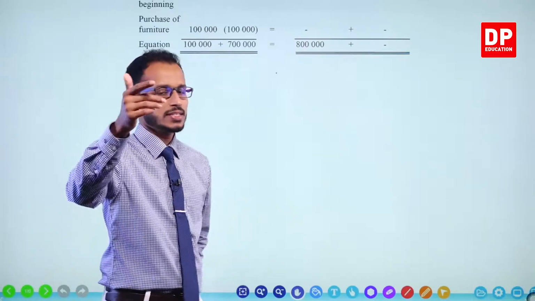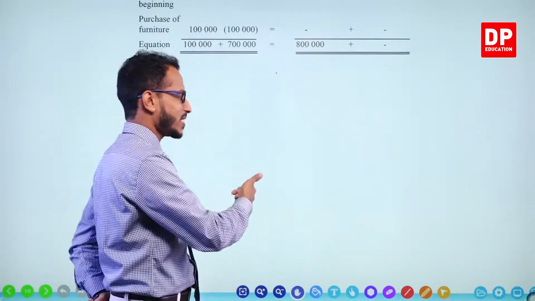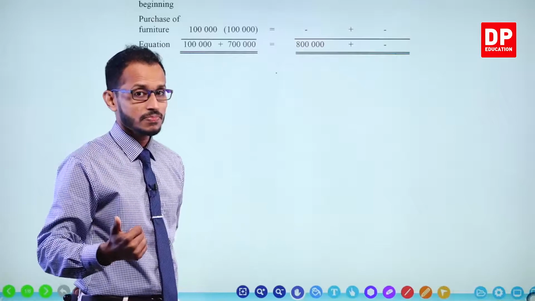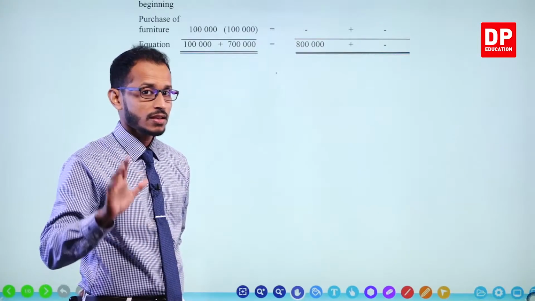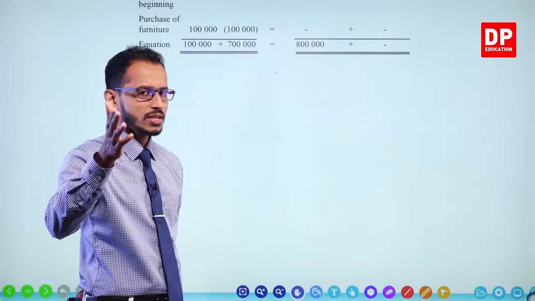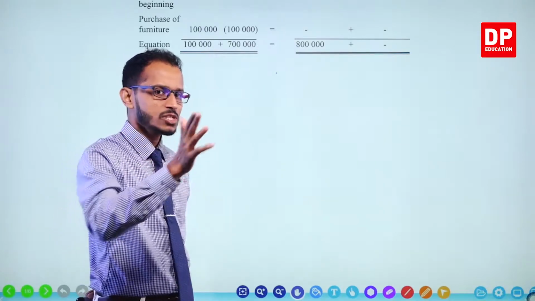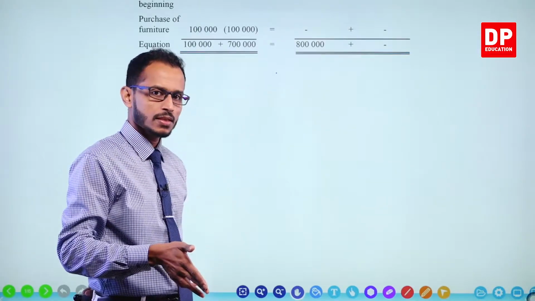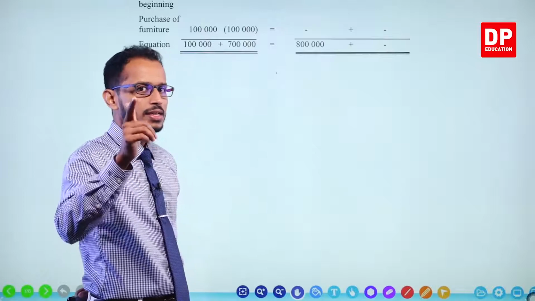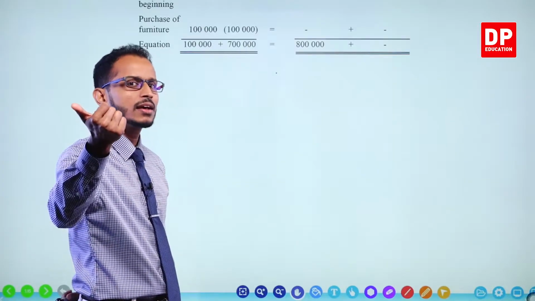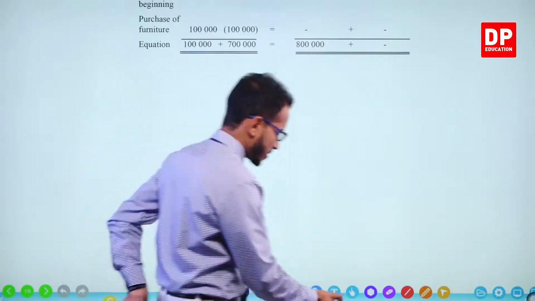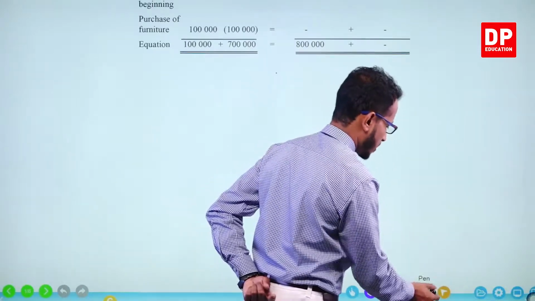I'm expecting the answer from you. I'm not going to write; you're going to tell me. What is the accounting equation? Is it assets equals capital? Is that what you said? Yes, that's correct. Very good. Assets equals capital.